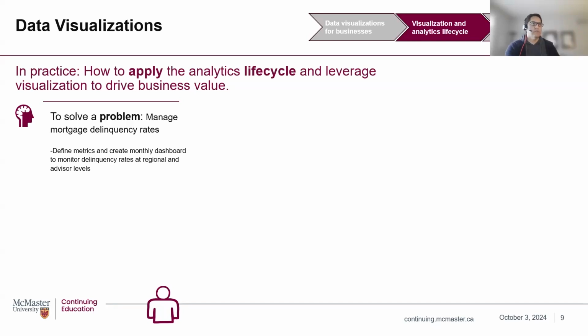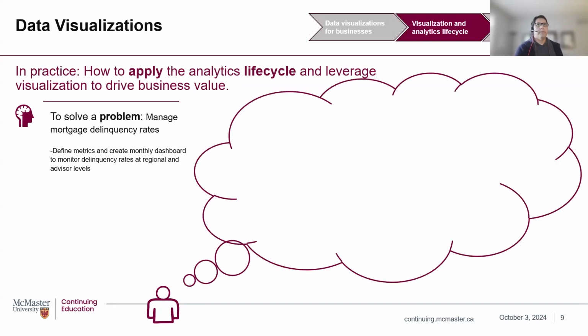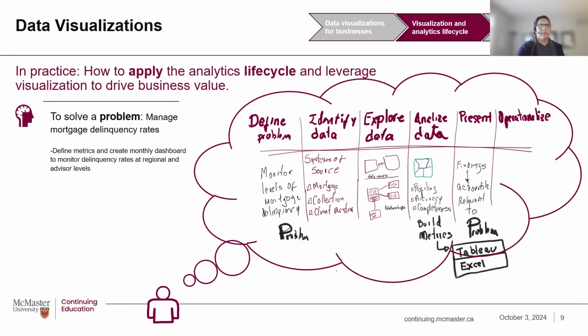Now, if we would like to solve this problem, for instance, managing mortgage delinquency rates, you would have to create a number of metrics and so on. And you would follow steps that roughly speaking are the ones that are described here. You have to define a problem. You would perhaps need to monitor the levels of the mortgage rates.